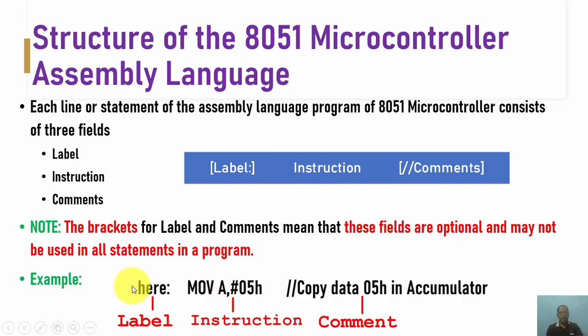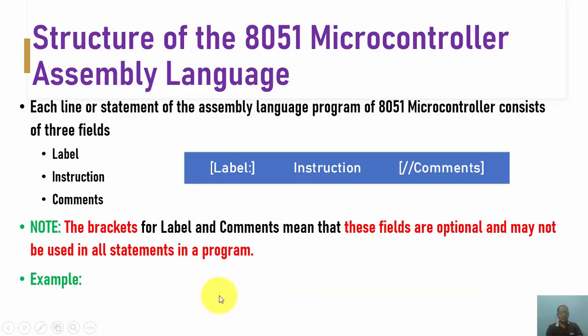When I equate this statement with the structure, the middle part is nothing but my instruction. The comment gives the meaning of the instruction, like copy data 05H into the accumulator, and here is the label that is required for the operation. Here the label and the comment are totally optional.